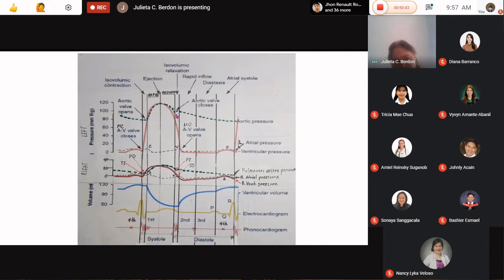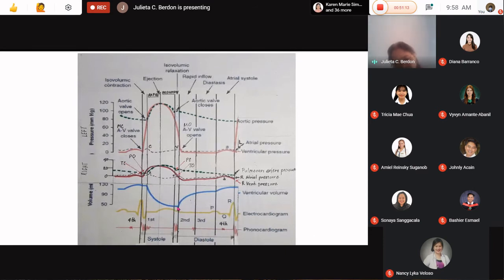So the relaxation of the heart has started. The heart relaxes, all the valves are closed. Naturally, your ventricular pressure is rapidly decreasing. And you notice in the ventricular volume curve that there is no more change in volume.